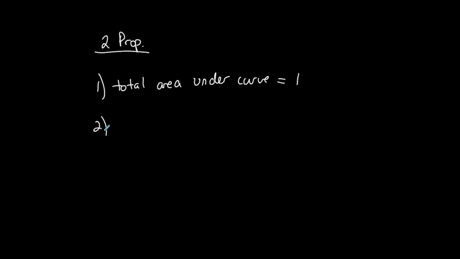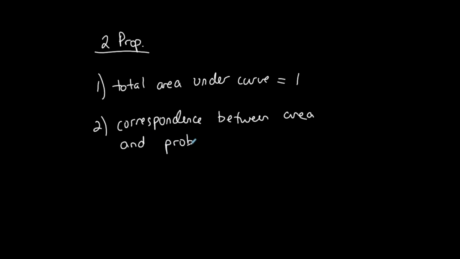So because the total area under the curve is equal to 1, that means that there is a correspondence between the area under the curve and probability. Because total probability is equal to 1 or 100%. Total area is equal to 1. So there's a relationship. There's a correspondence between the area under the curve and the probability.